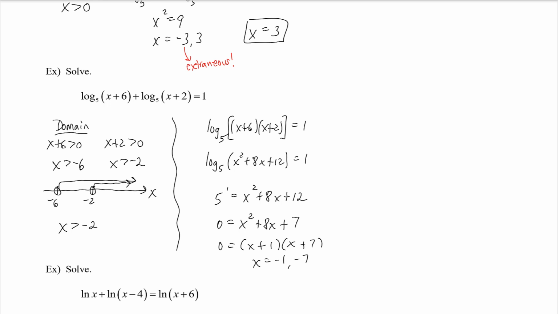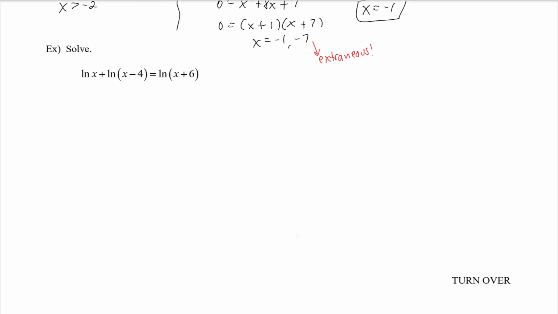But the only x value in the domain that solves this is -1. -7 is extraneous. All right, -1 works, though. It's definitely bigger than -2.